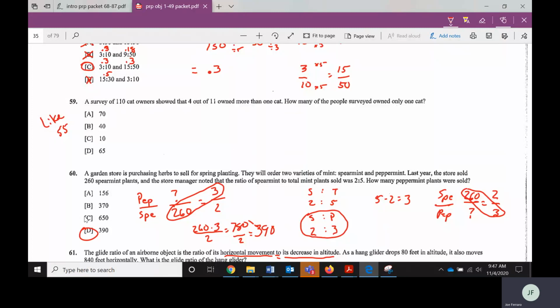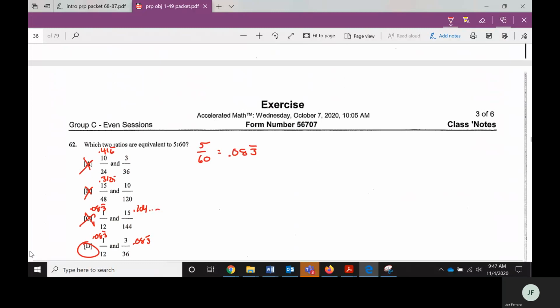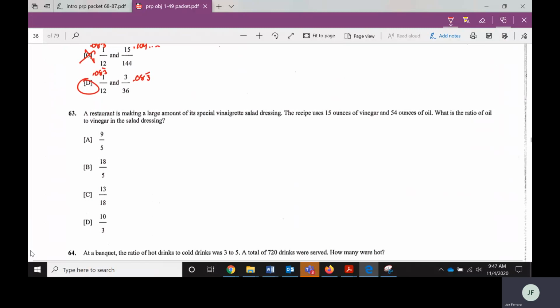I have one more problem. We did 61. We looked at 62. 63 will be kind of like, I believe, 61. It's just setting up a ratio.